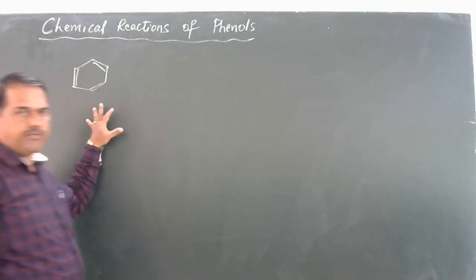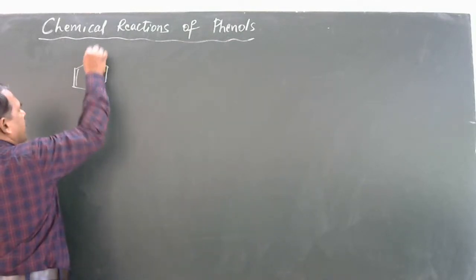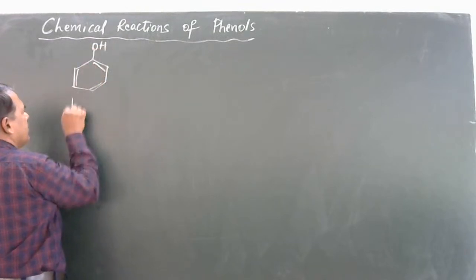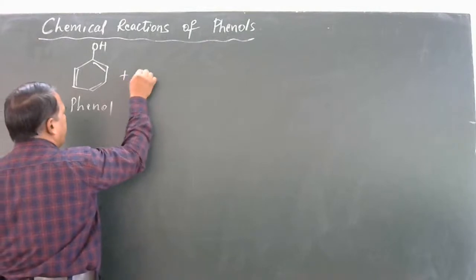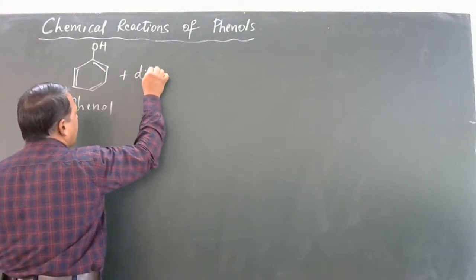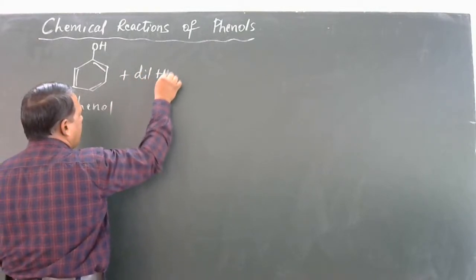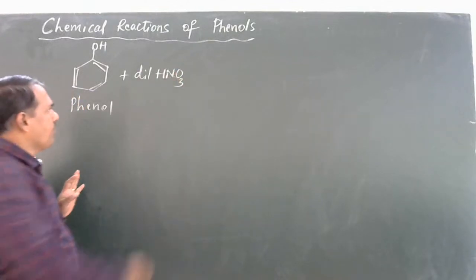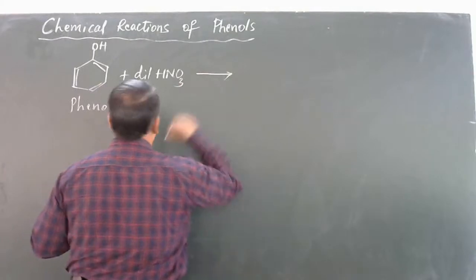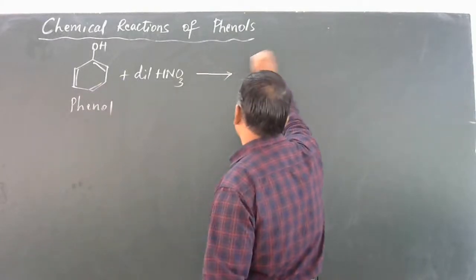So this is phenol. When phenol is treated with dilute nitric acid, HNO3, we will get ortho and para substituted products.